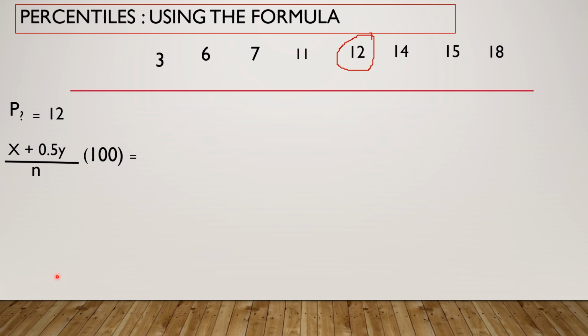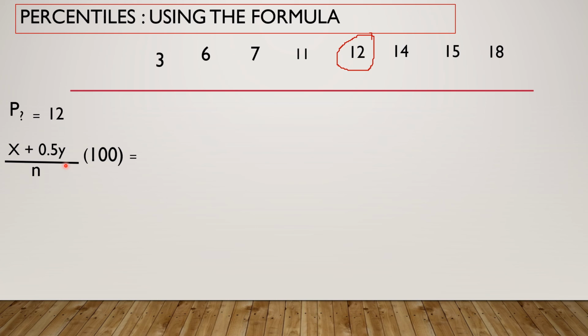So this is now the formula that you are going to use: X plus 0.5 times Y, divided by n, times 100. So what does X mean? X is the number of values below this one. So 1, 2, 3, 4. There are 4 numbers below the score that you want to find.